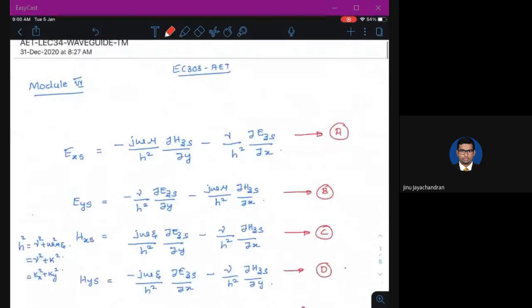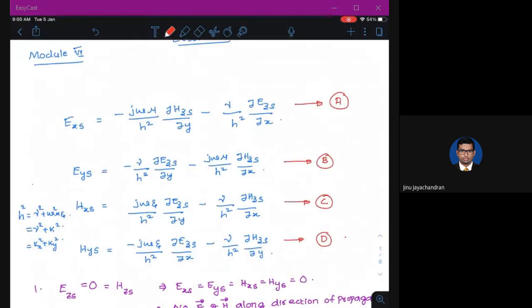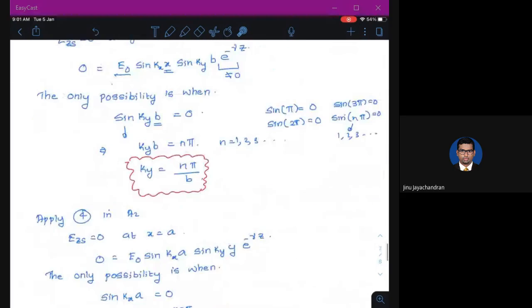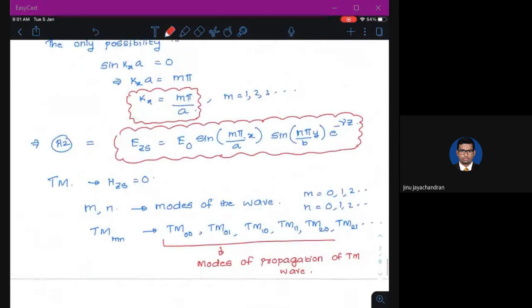we need to substitute EZS in our equations A, B, C, D. For a TM wave, HZS is 0, which means this is 0, this is 0, this is 0, and this is 0. And you substitute EZS in this expression from the equation, let me number that, A dash.